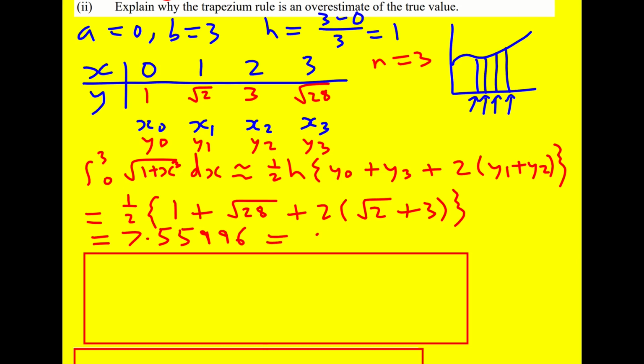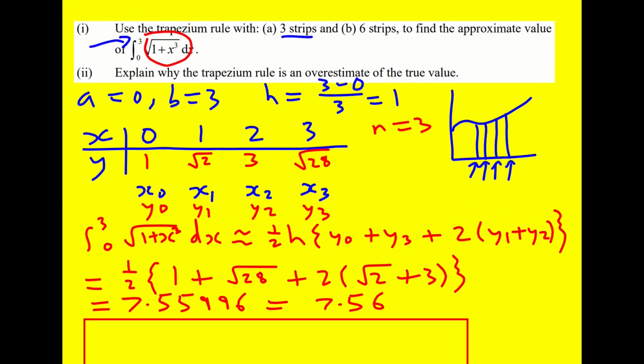Which I'm going to round to 3 significant figures. Sometimes, if you were doing this on a computer, you'd want to compare your accuracy, but here I'm just recognizing that it's not exact, and I'm rounding it to 3 significant figures.